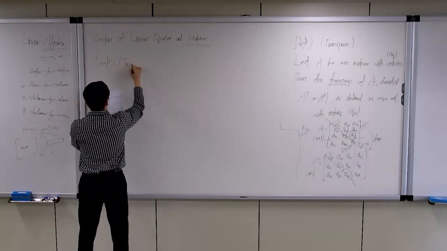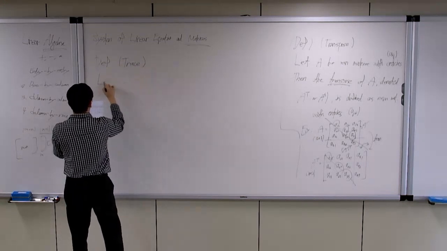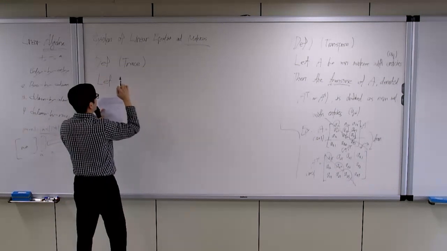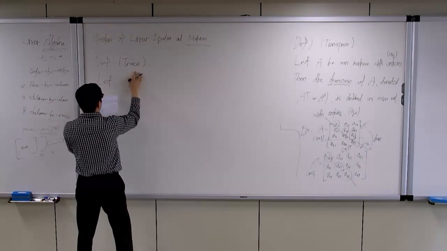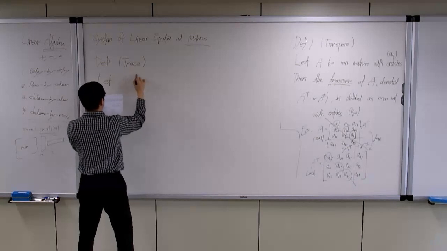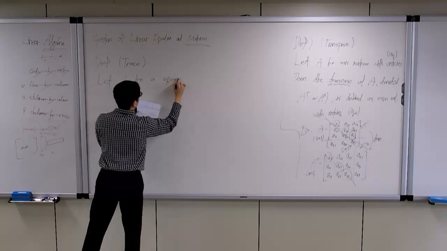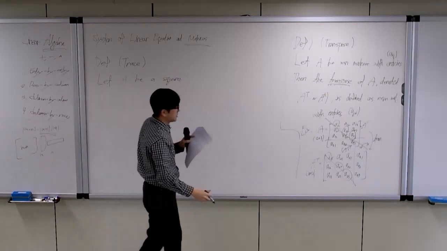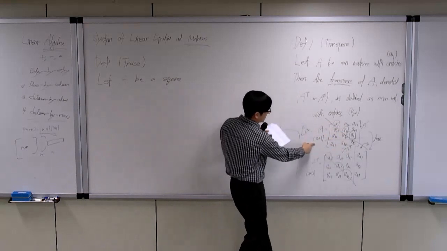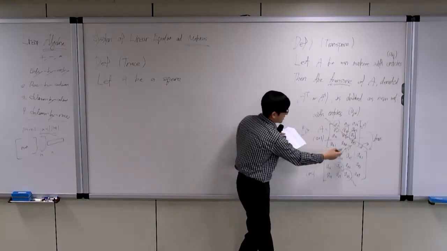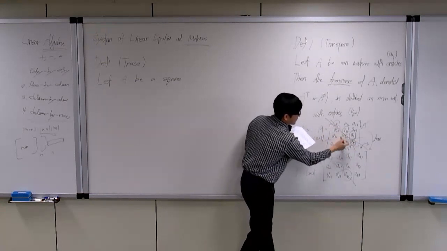So in this sense, I will define the trace as the sum of diagonal entries. To explain the diagonal, if A was a 4 by 3 matrix, then it is hard to say what the diagonal is.